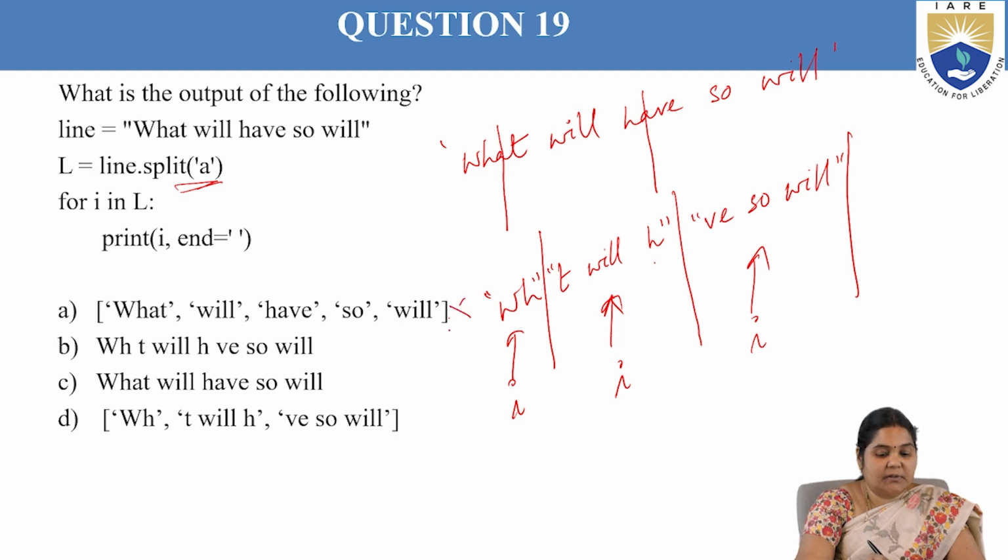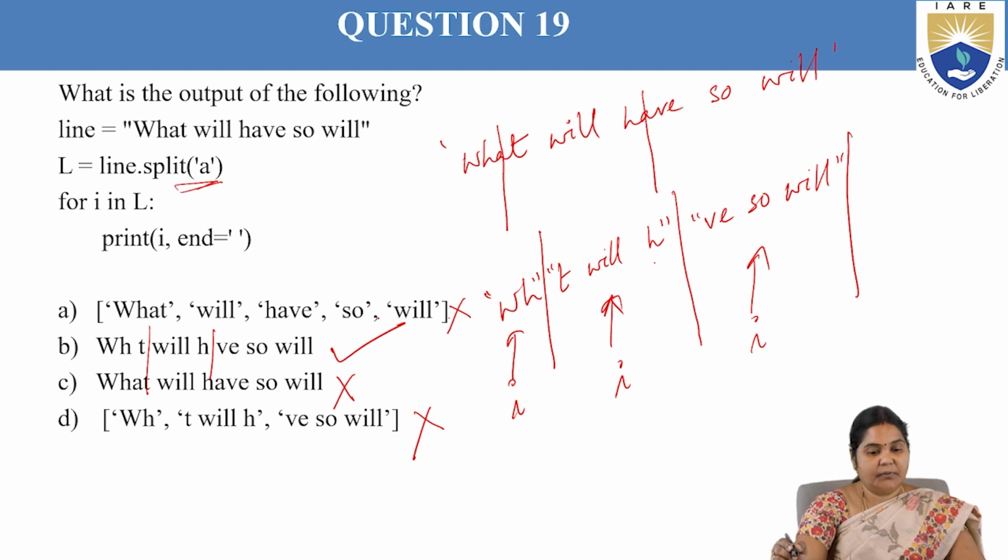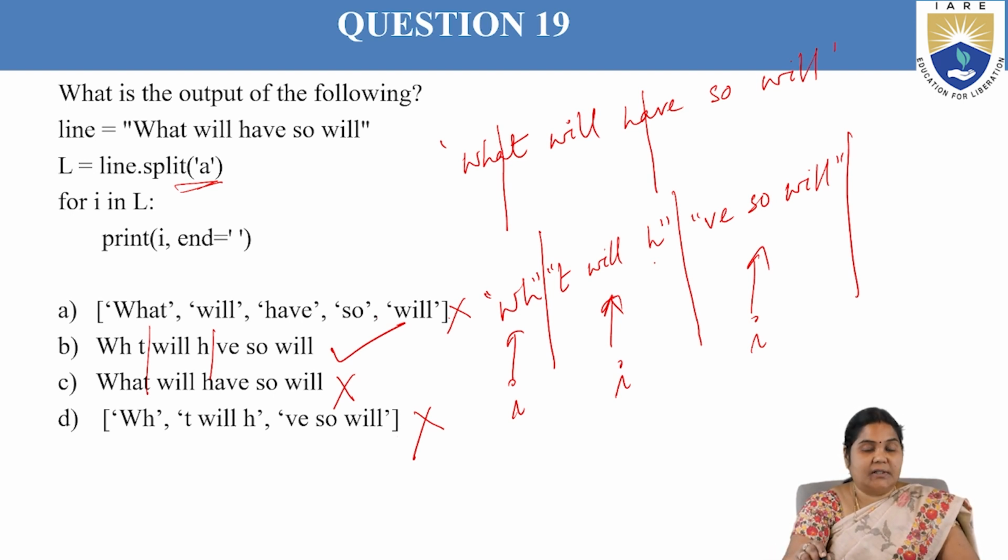So this option and this option are rejected. Now what are the other options? This is the original string as it is, so this option cannot be. Now let us look: WHT, yes. This is the second one and this is the third one. So this is the correct option. I hope this question is understood.